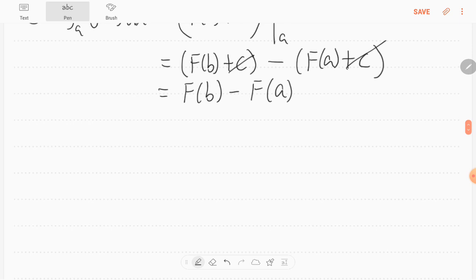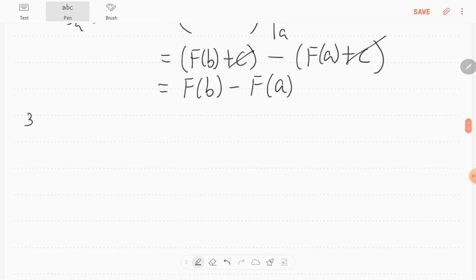So now let's look at one example, which is the integral from 1 to 3 of x squared dx. We need to find the antiderivative.